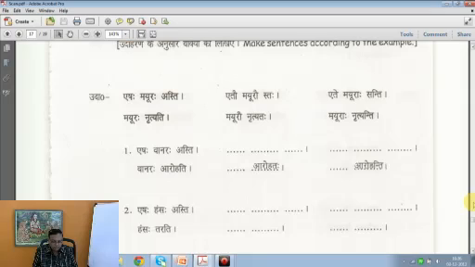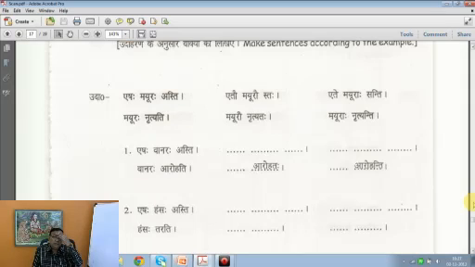Now let us do. Eshaha vanaraha asti. Instead of mayuraha, here vanaraha is given. This is a monkey. Then how do you say in the next sentence? Dual number. Etau vanarau staha. These two are monkeys. Then ete vanaraha santi.